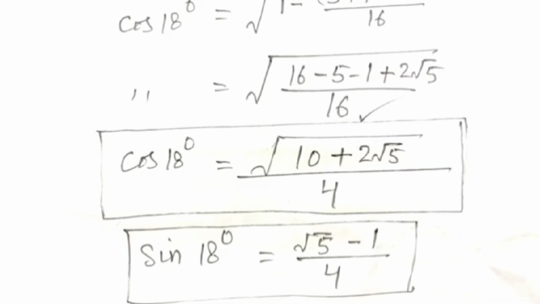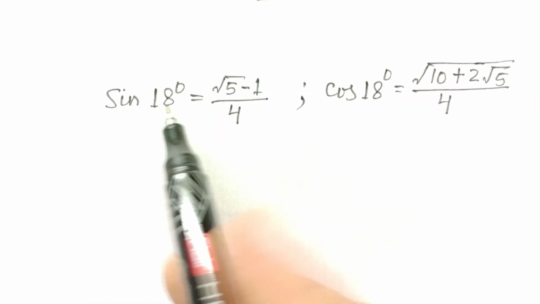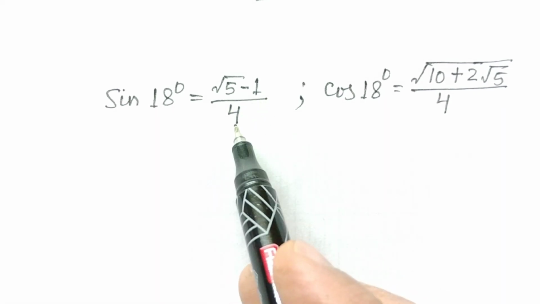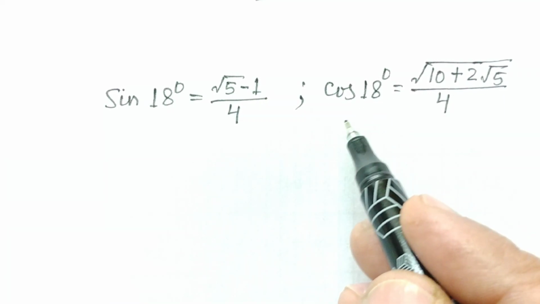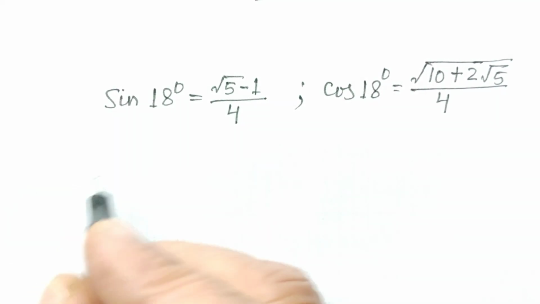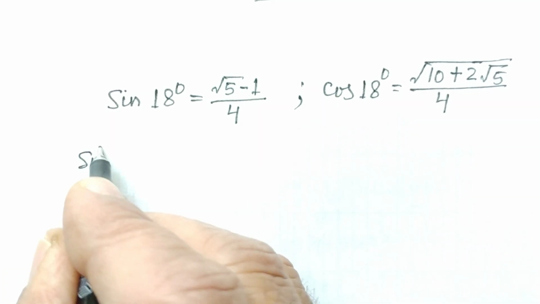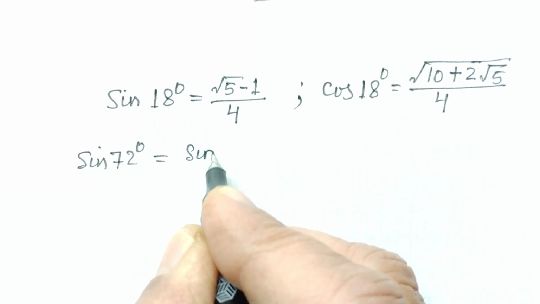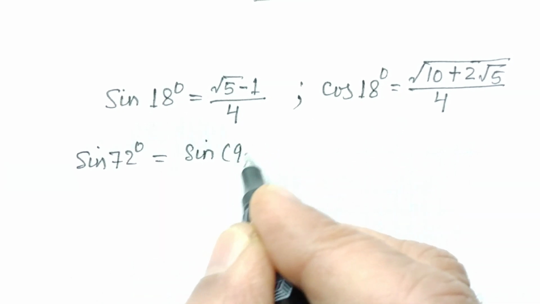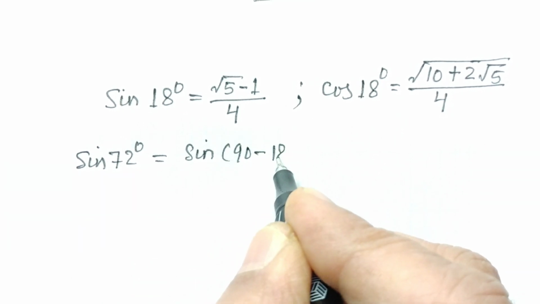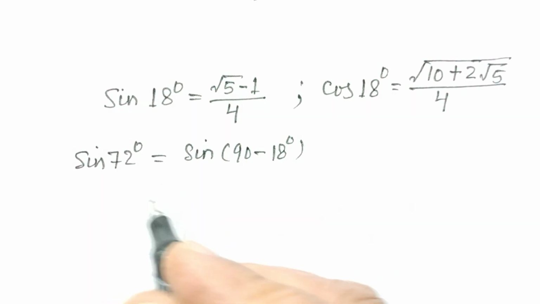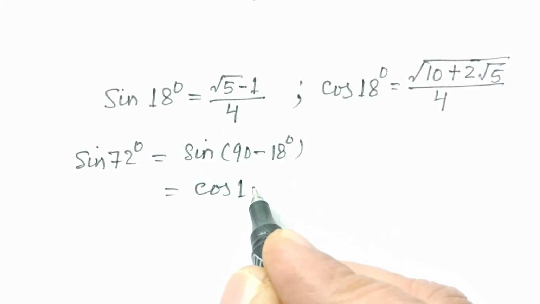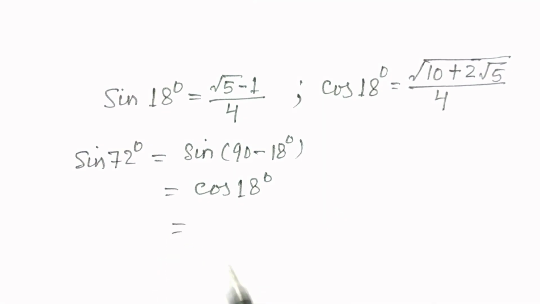Okay friends, now we have sin 18 degree is equal to square root of 5 minus 1 over 4, right? And cos 18 degree is equal to this. So sin 72 degree will be equal to sin of 90 degree minus 18 degree. Okay, so this value will be equal to cos 18 degree, right?